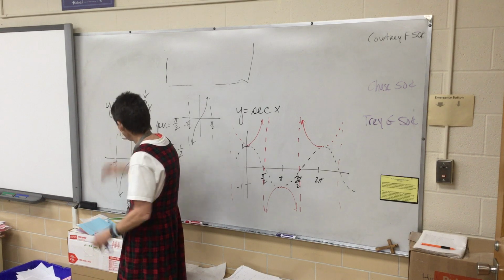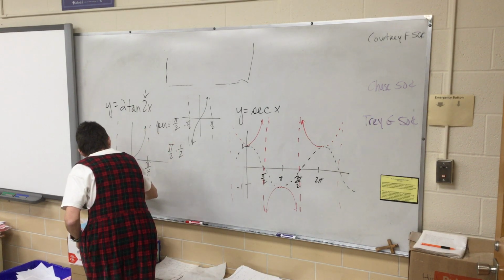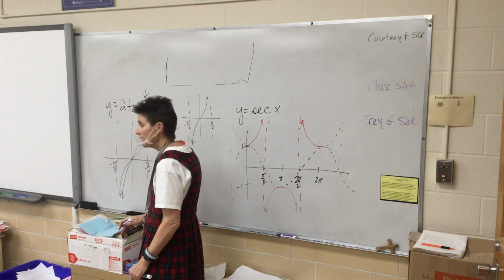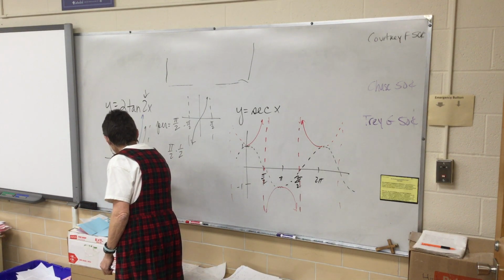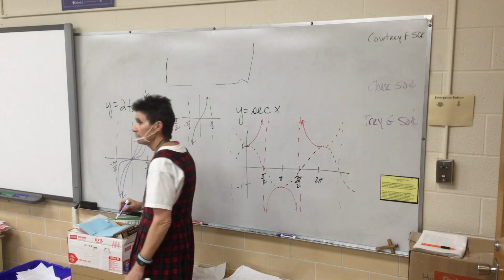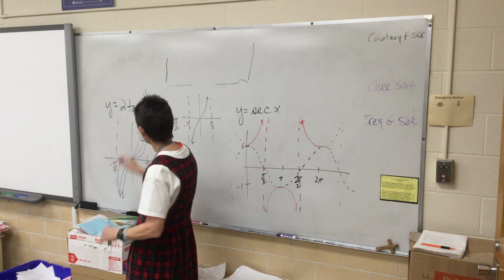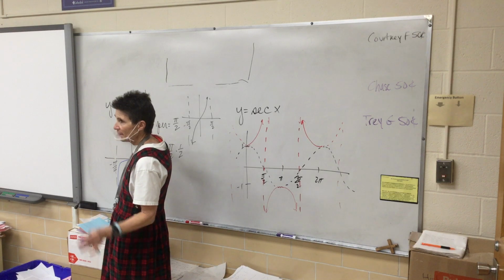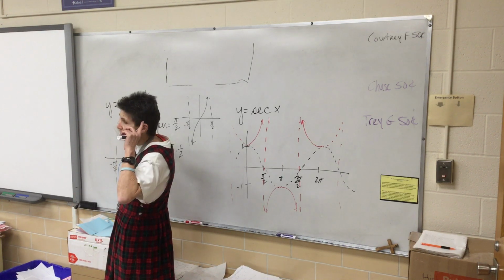So a straighter curve would look like this. See how that's straighter? And a fatter curve would look like this. And that's controlled by that number, but I don't want you to worry about it. I'm not paying attention to it, but you should know it.